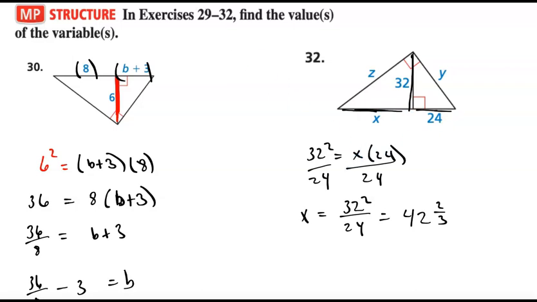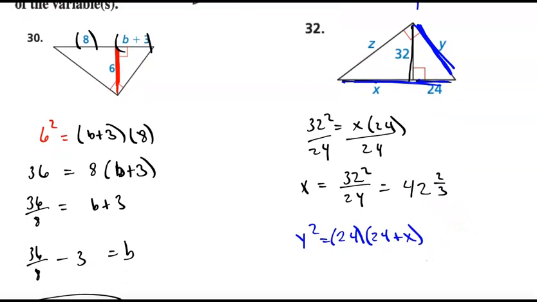Alright, and then again I'm going to go with the formula here. Or I can go with the ratio. So I'm going to go with y. So that's going to be y squared. So leg squared equals 24 times all of this, which is 24 plus x.